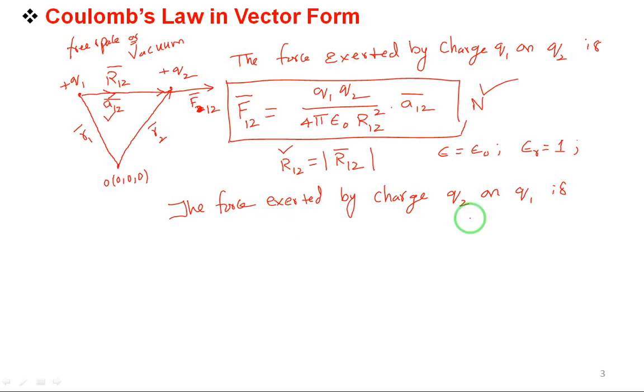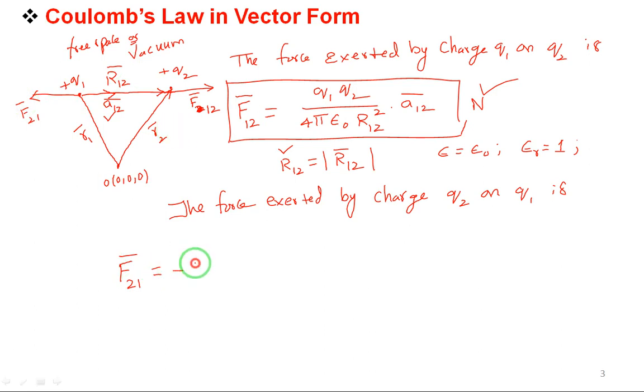Then the force exerted by charge Q2 on Q1, means the force experienced by charge Q1. So let me call this as F21. And you can see here it will be, once again the repulsive force, it will move away. So this is F21.